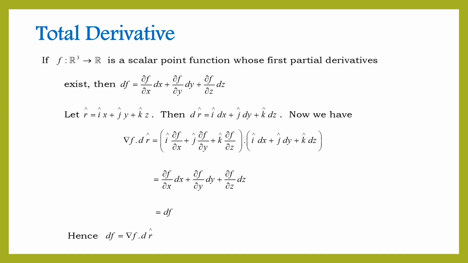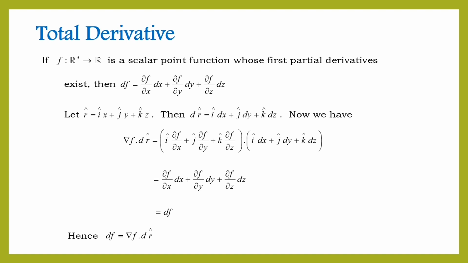So here f is a function from R3 to the real line R. Now let us take this formula df equals ∂f/∂x dx plus ∂f/∂y dy plus ∂f/∂z dz. This is called the total derivative of f. Now let us derive a small formula here.